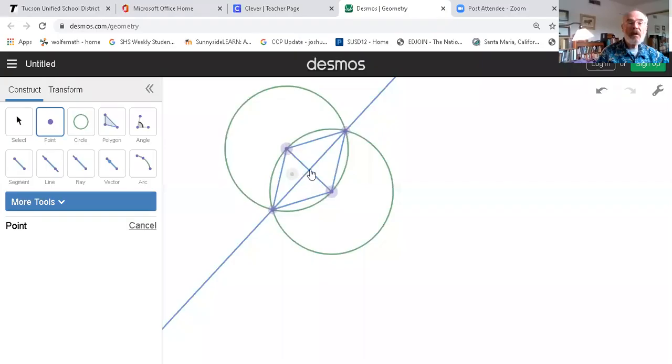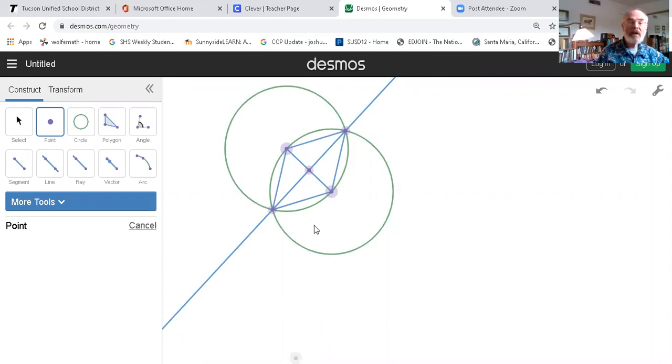So going back to Desmos, we'll want to put a point in the middle. So I'm going to put that point right there. And now that point would be the point E that we were talking about in our presentation. So I'll go back now.